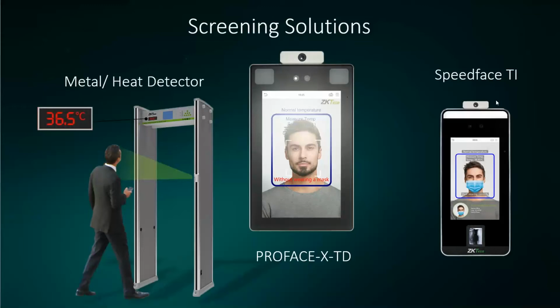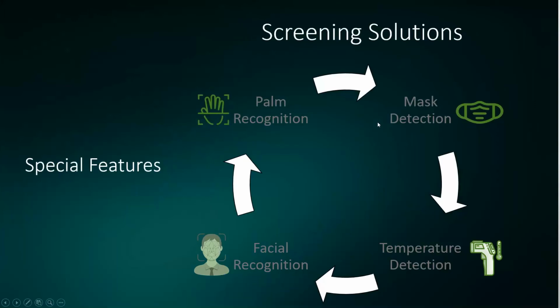The reason why I'm saying future-proof is it gives you the facial recognition on the top and the temperature detection unit on the top. However, it's still the ProFace X, and it still has the same features that the SpeedFace can do. However, it will just show if you're wearing a mask and what your temperature is. You can set your threshold to whatever you feel is high.